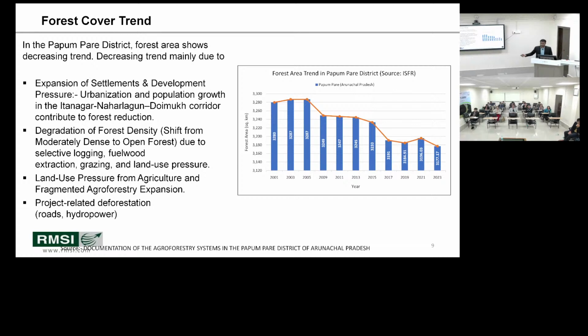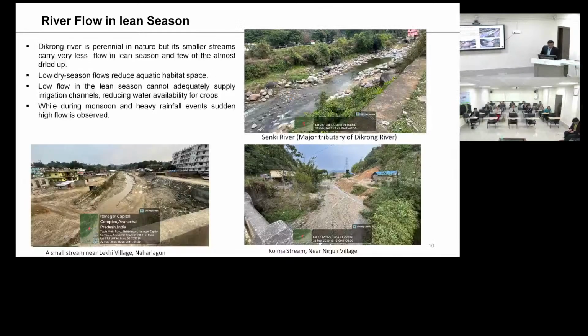They cut down the trees and in between they plant some trees, though they do not receive any agricultural benefit from the government, but we are getting, say, a subsidy. So this was also there.